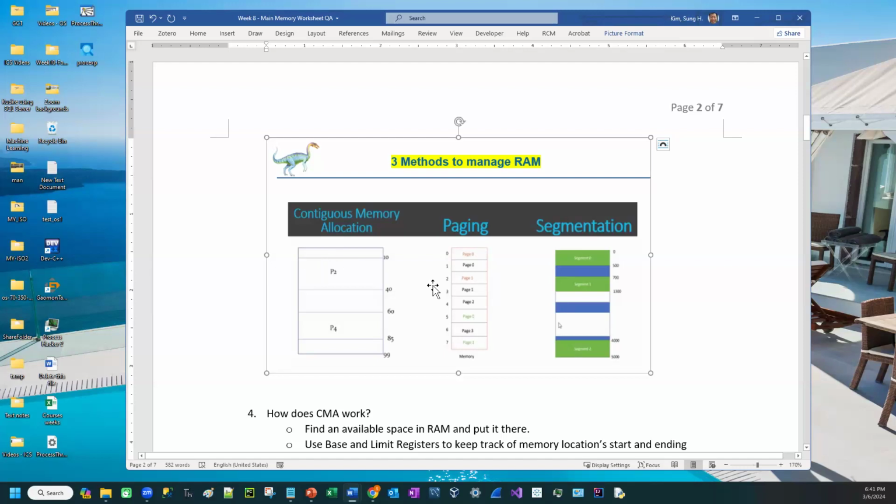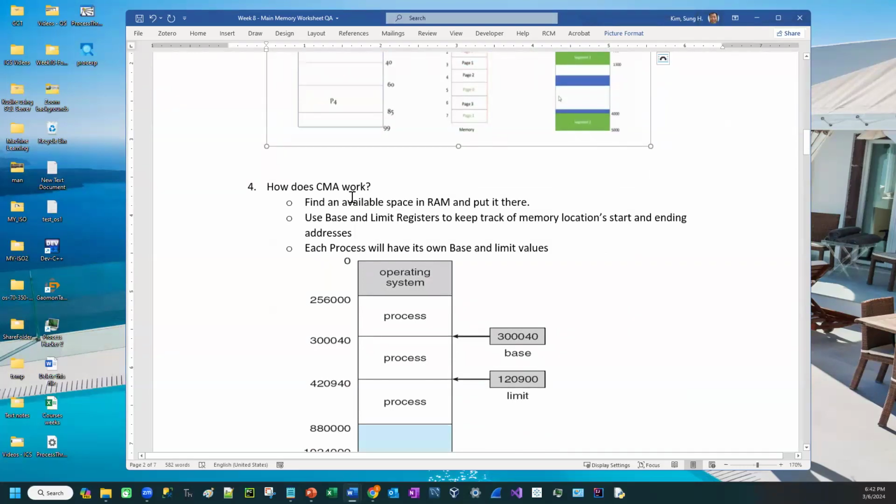So it'll put the processes into the RAM one after another sequentially, right next to one another, butted, right? So that's the contiguous. And the paging looks sort of like this, and the segmentation looks sort of like this. They're all a little similar, but they use different schemes and different names. So you want to be able to talk intelligibly using the proper designated terms, okay? So let's talk about the first one. How does the CMA, or contiguous memory allocation, work?